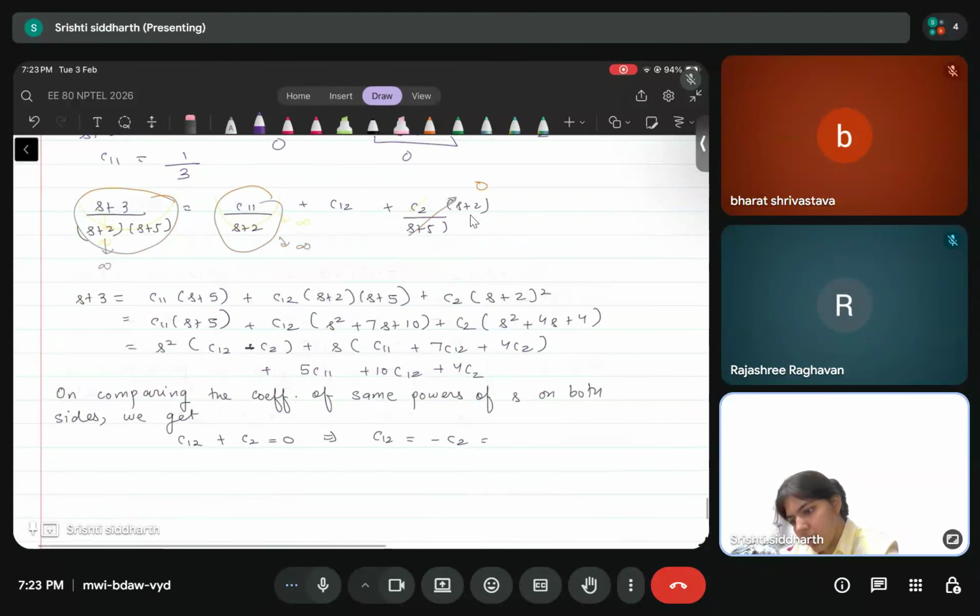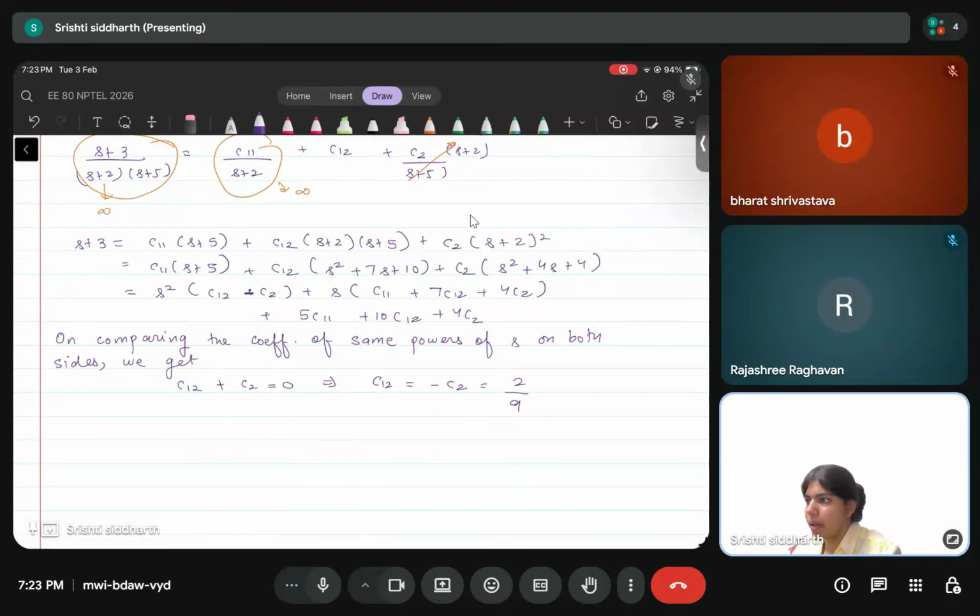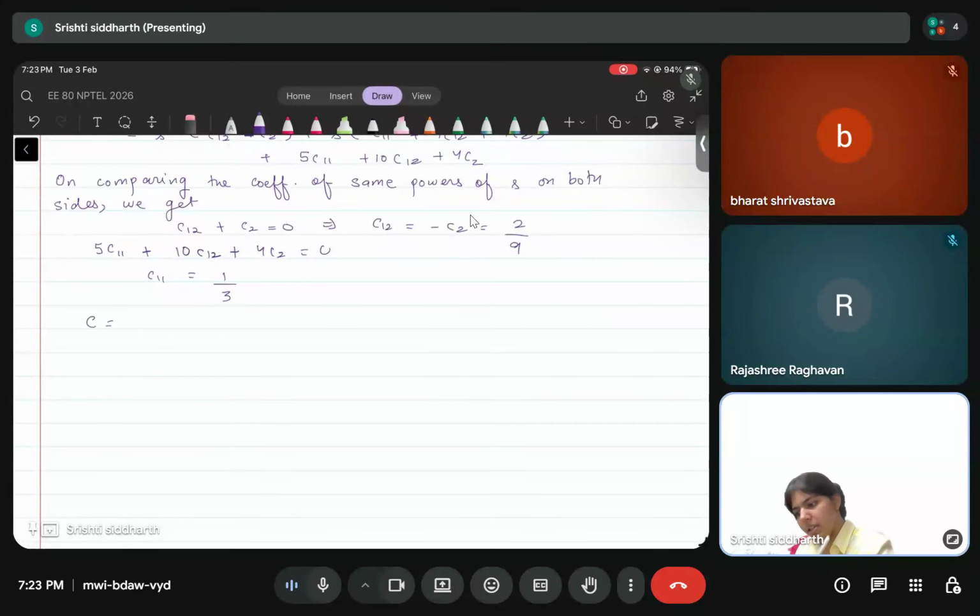This is 2 by 9. Alright. Then from the second equation, we have 5C11 and so on, so the only unknown is C11. You can find this out by substituting C12 and C2. This is 1 by 3. So C is 1 by 3, 2 by 9, minus 2 by 9.